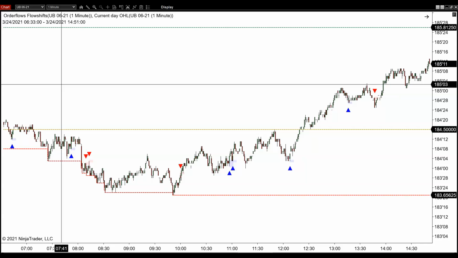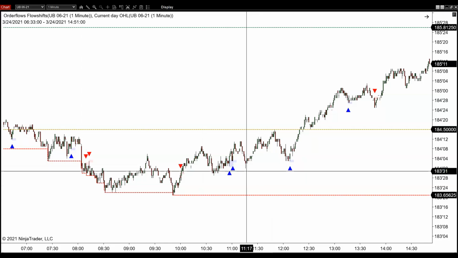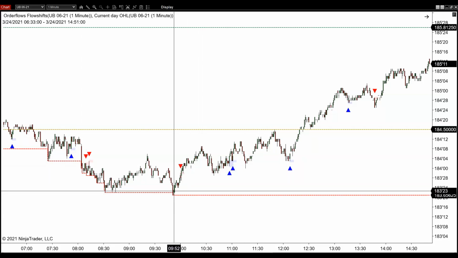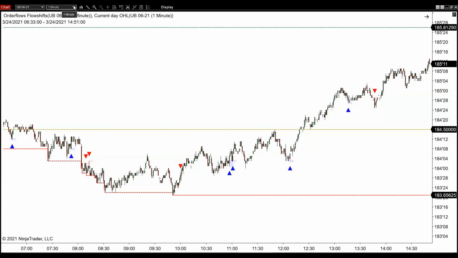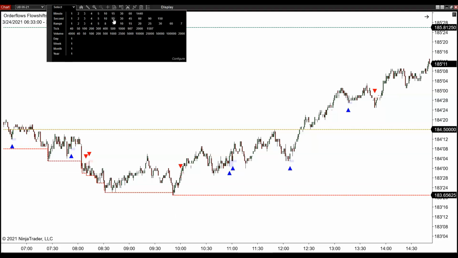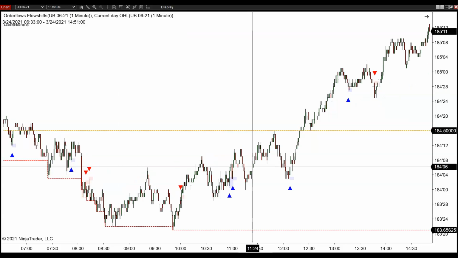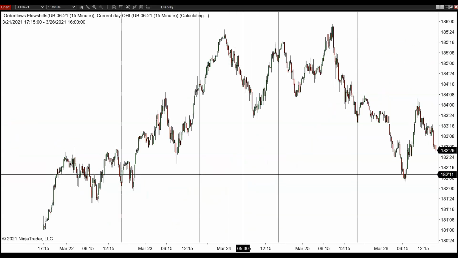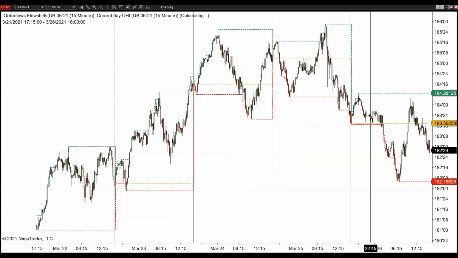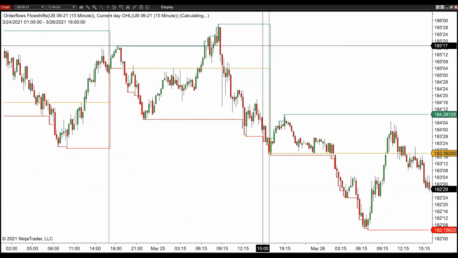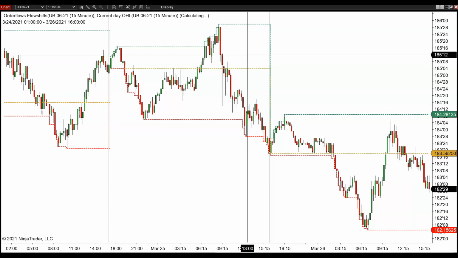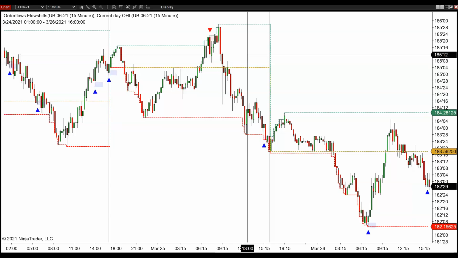This is a 1-minute chart, so if I change it to a 15-minute chart, you have to understand, I'm looking for what's happening right now in the market. I don't even know if there are going to be any signals on this 15-minute chart, because so much can happen in 15 minutes or 30 minutes.